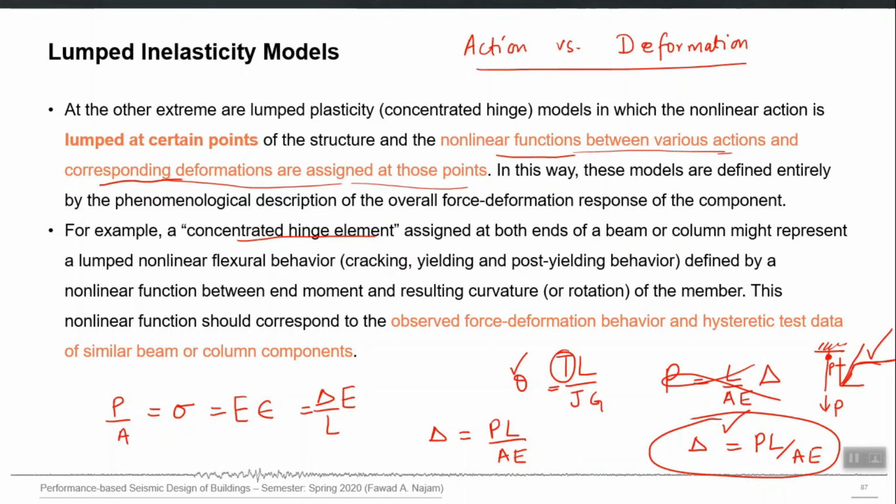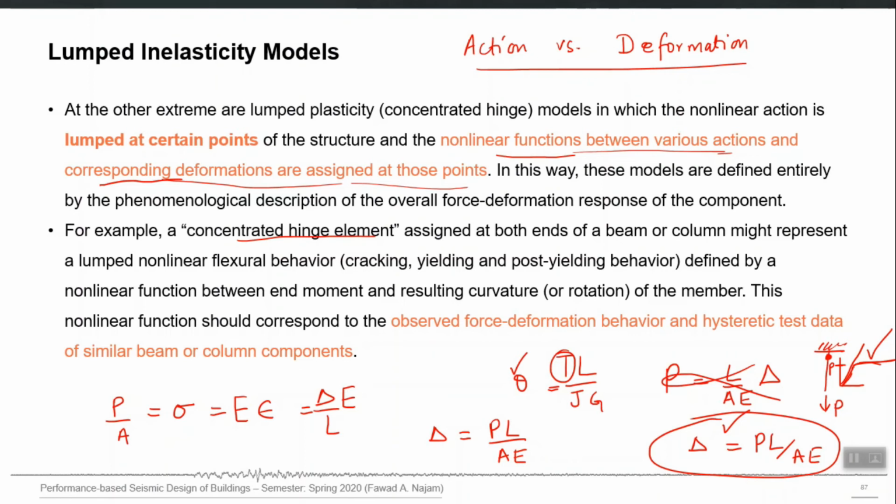It just holds that relationship, and it forces the analysis to follow that relationship. So during the analysis, while the earthquake is being applied, at any particular time instant, if the moment increases beyond the yield moment defined by that hinge, or the axial load increases beyond the axial yield capacity defined by the axial hinge, the program will tell directly that this element has yielded, this is damaged, right?